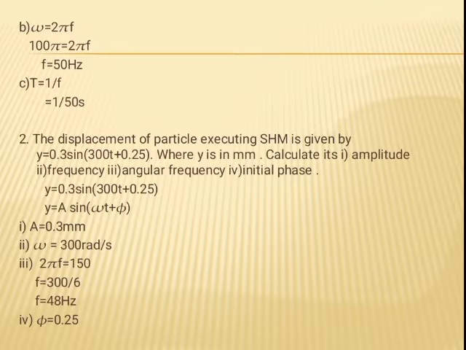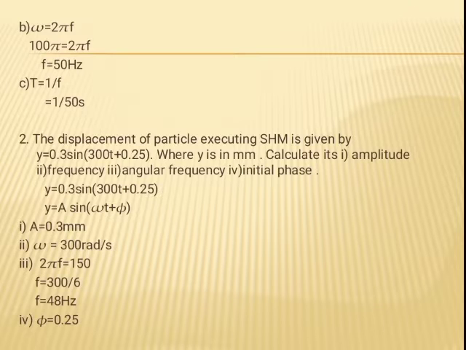They have given you one extra value, that is your initial phase, where y is in millimeters. Understand, your displacement is happening in millimeters. And calculate the amplitude, frequency, angular frequency, that is your omega, and initial phase. I have told you initial phase is your phi. Now, what is that initial phase?